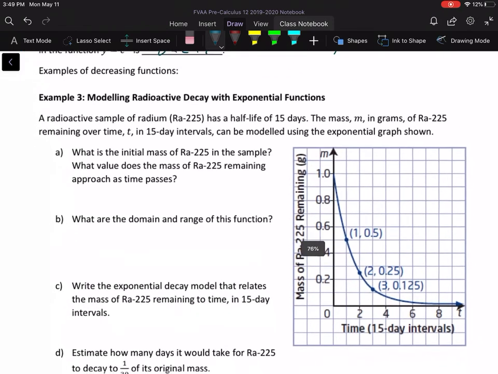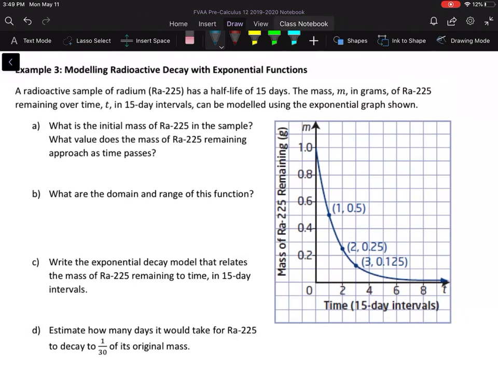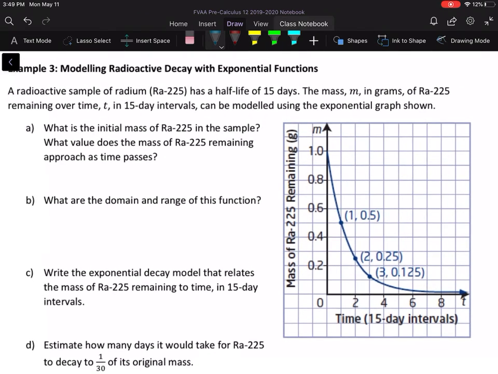One example of that we talked about was COVID-19. Another example is radiometric dating. Radioactive samples of radium have a half-life of 15 days. If you haven't studied half-life before, half-life is the amount of time for half of the mass of the substance that you start with to decay to a different substance. So let's take a look here.